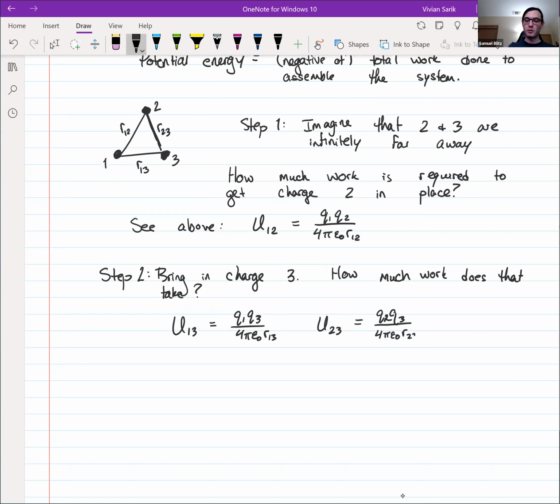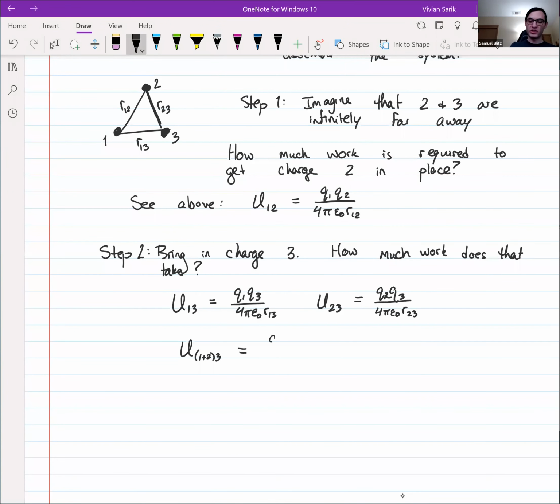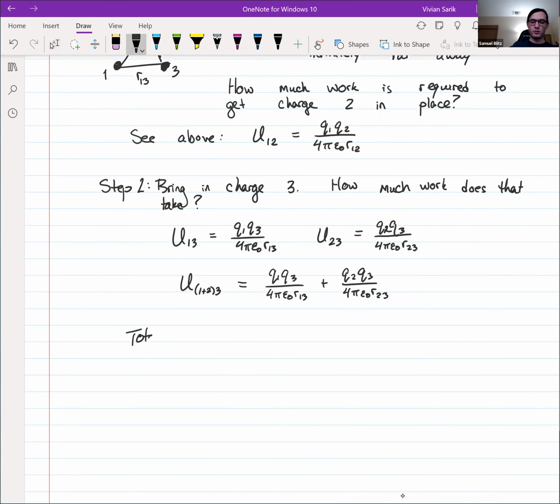So the total work required to get charge 3 in place when both charge 1 and charge 2 are present would be just the sum, Q1 Q3 over 4 pi epsilon naught R13 plus Q2 Q3 over 4 pi epsilon naught R23. And so the total potential energy of the system is just the sum of all of these works that we computed.